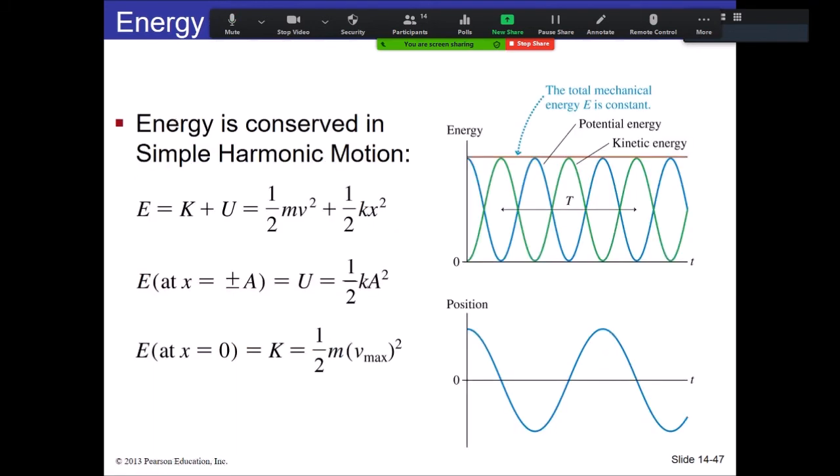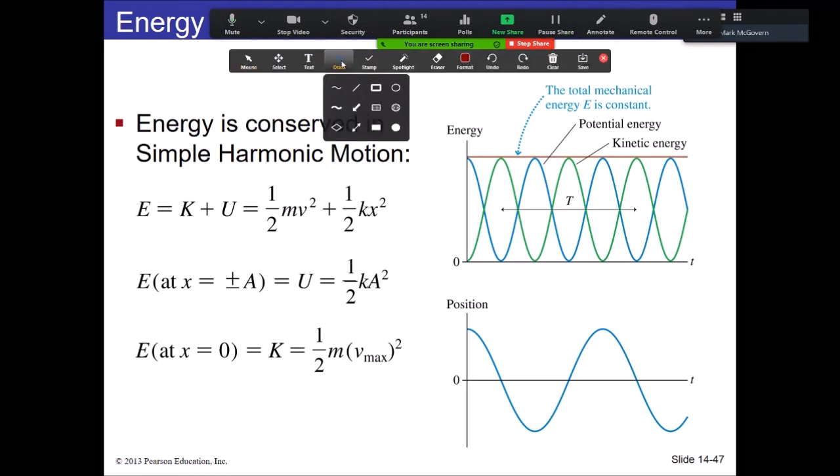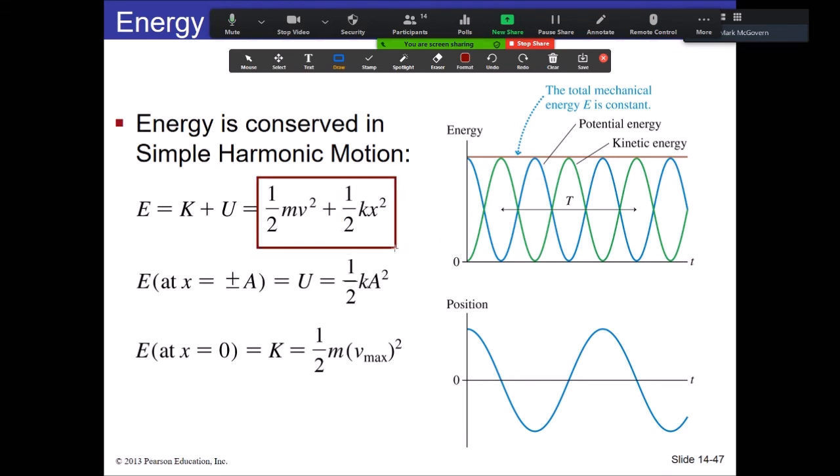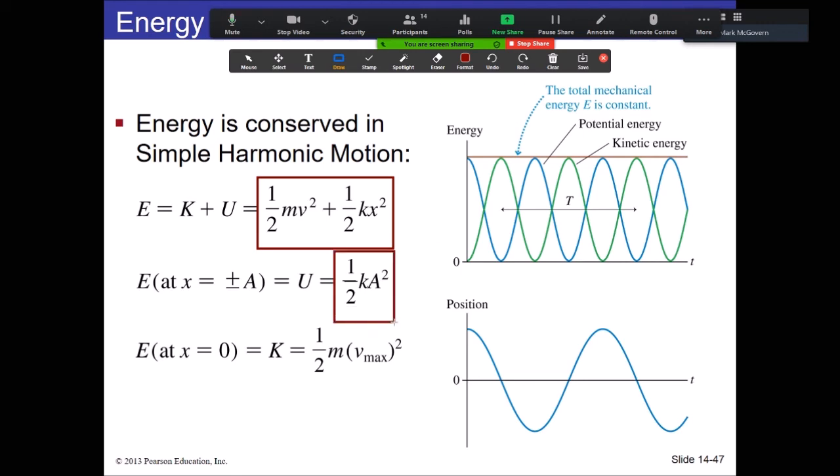At any given instant in time, you have the top relationship here. You can characterize the total energy of the system if you know its position and its velocity. There are a couple of places with special values. At our maximum position, everything was converted into potential and there's no kinetic, so the kinetic becomes 0 and the potential becomes 1/2 Ka squared.